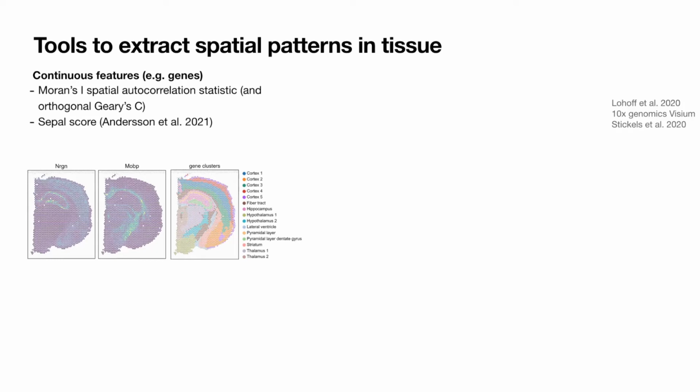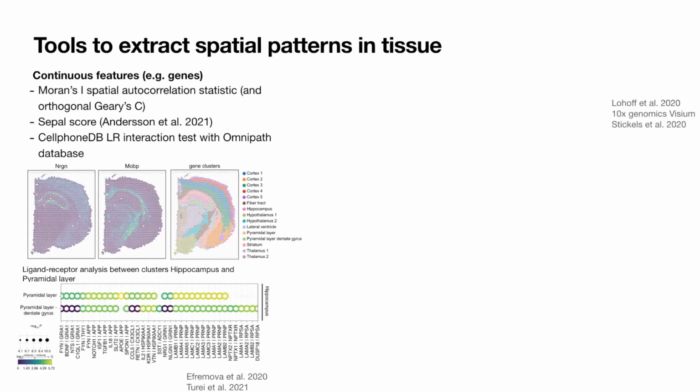So this is Moran's I, for example, or the SPARK score. And on the slide, you can see an example of two spatially variable genes that are detected by, I think, the Moran's I statistic. And you can actually see that these are really genes that are expressed in one particular spatial region here. And in the labs, we will see how to do that with Squidpy. It's actually just one line of code to get these genes.